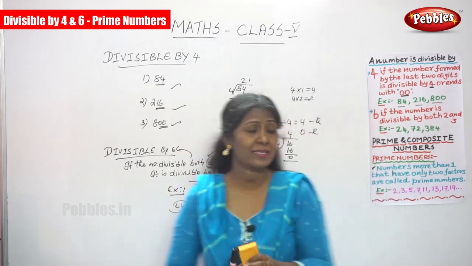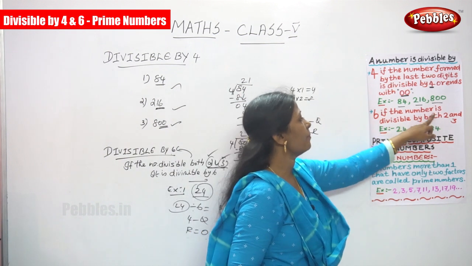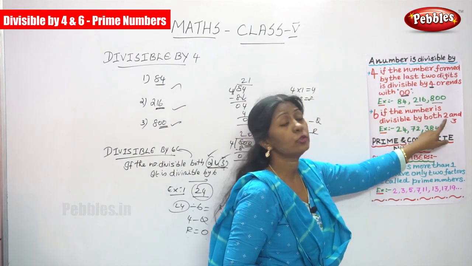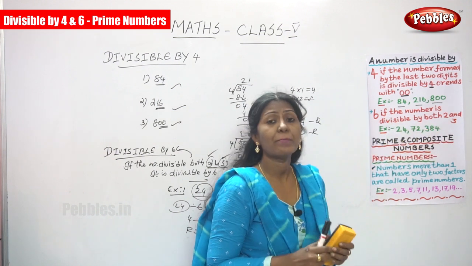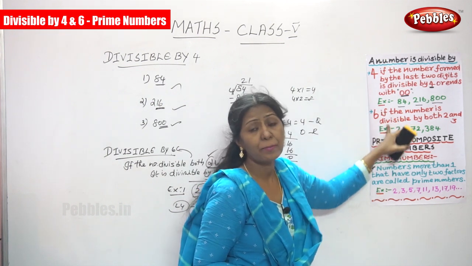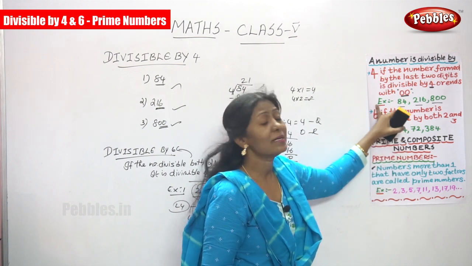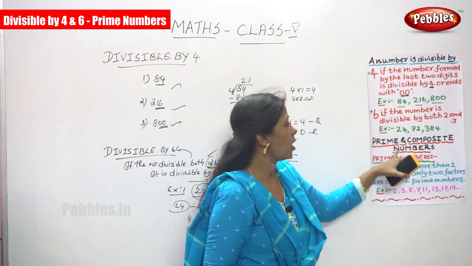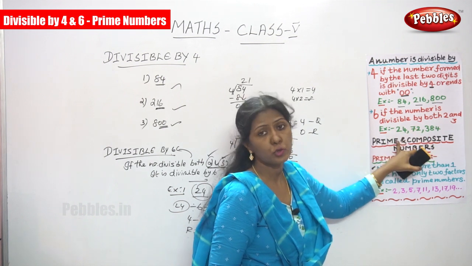Okay. Next is divisible by 6. The rule of divisible by 6: if the number is divisible by both 2 and 3, so automatically it is divisible by 6. Whatever number is given in the book, that number should be divisible by 6. Okay, take 24. First you have to divide by 2.